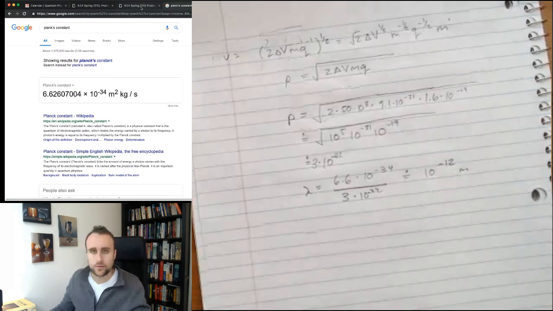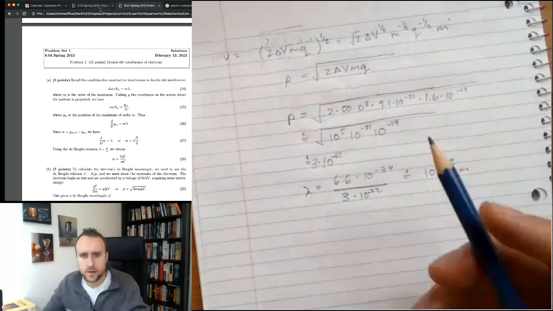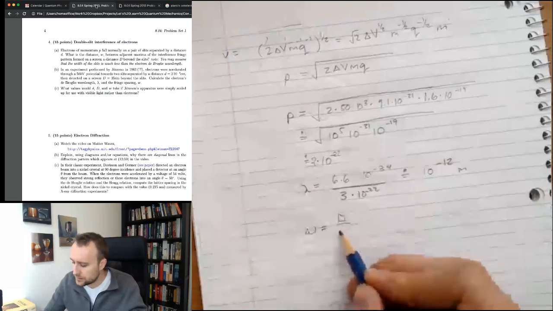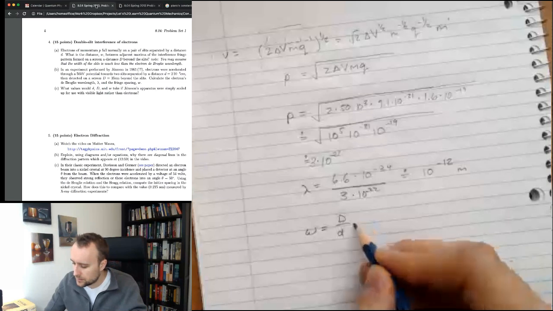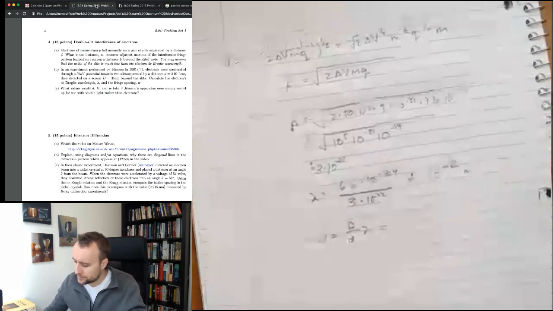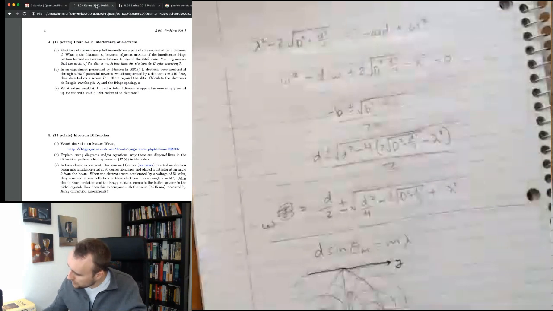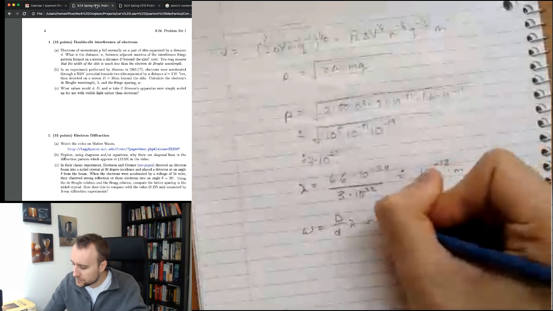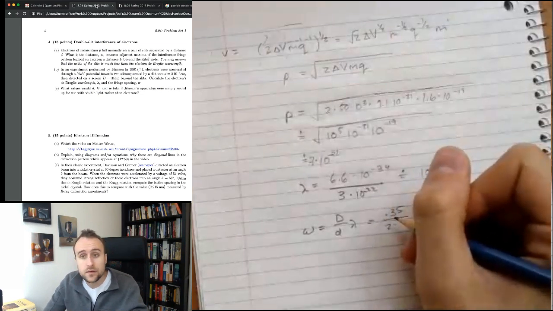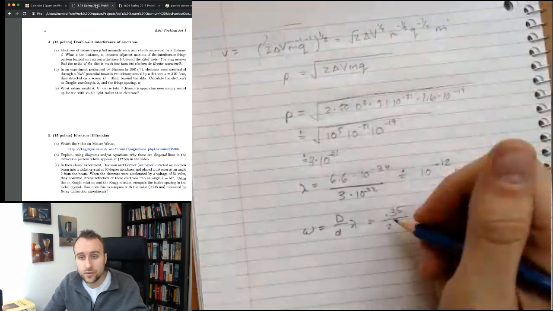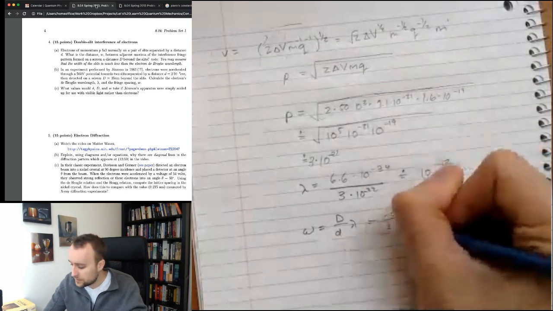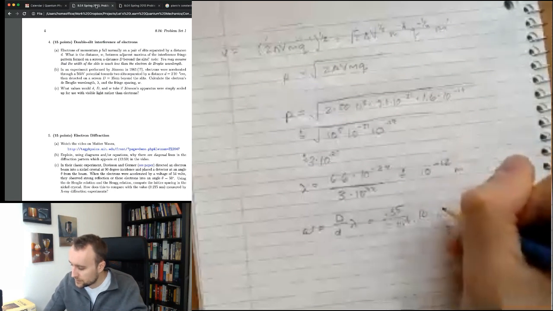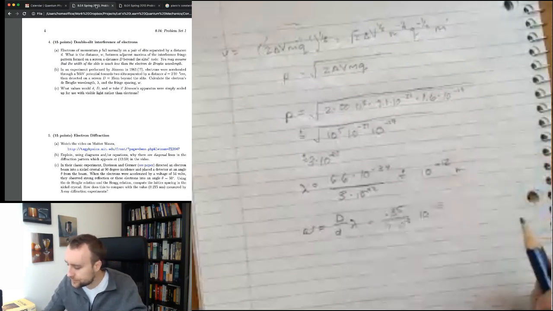And so if we go back to the original problem, the fringe spacing is equal to D over d times lambda. Correct, it's that way. Yeah. So that's 0.35 meters divided by 2 times 10 to the 4 centimeters. So that's 10 to the negative 6 times approximately 10 to the negative 12.